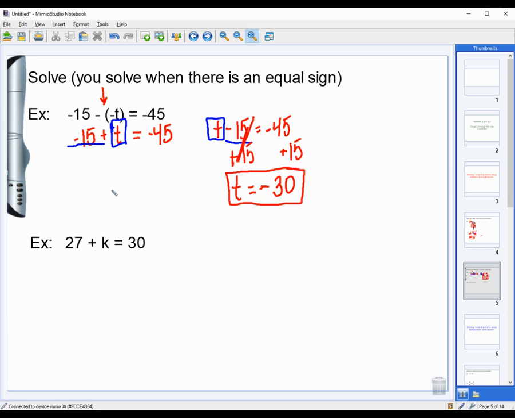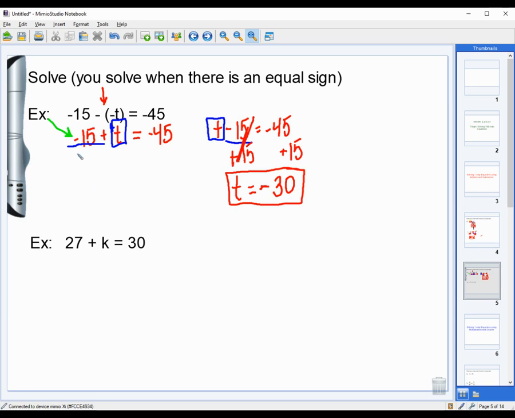Okay, now some of you guys may be questioning, why do we rewrite this? The reason I rewrote this is just to make it look a little bit easier, but we could also solve this as well. So I notice here that this t is our present. We need to get rid of this negative 15, okay? The important part of this right here is this negative. Because this is negative, that tells me that we're really subtracting that 15.